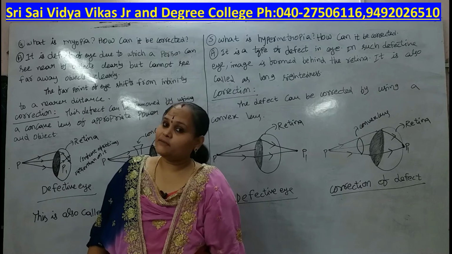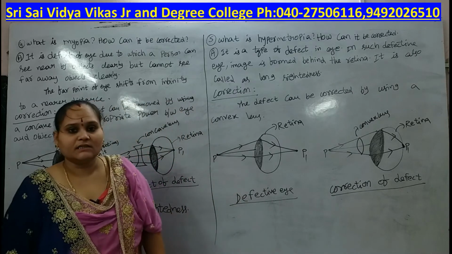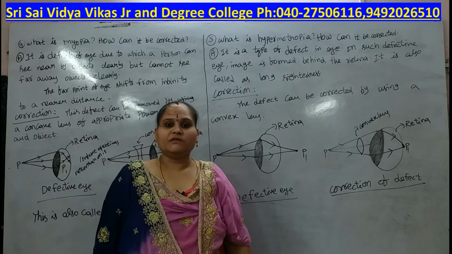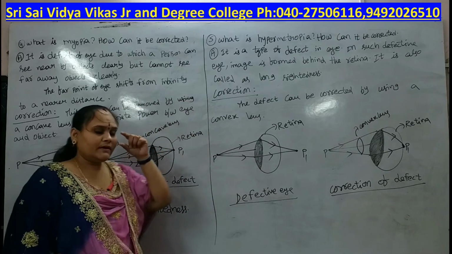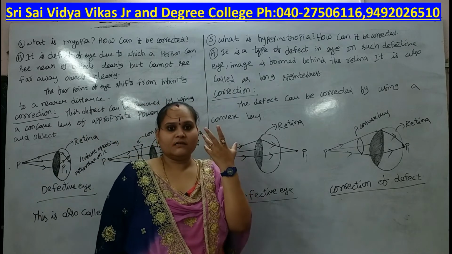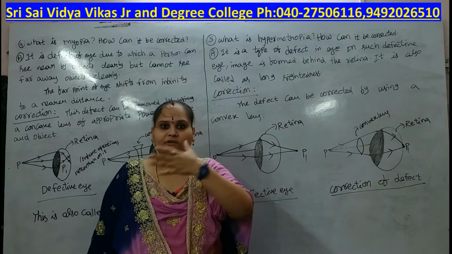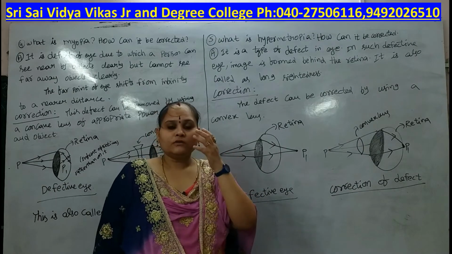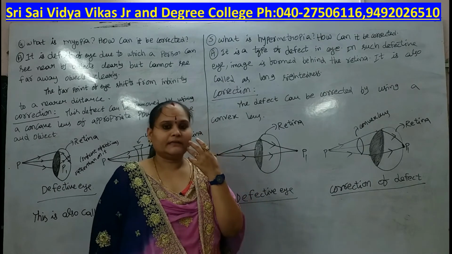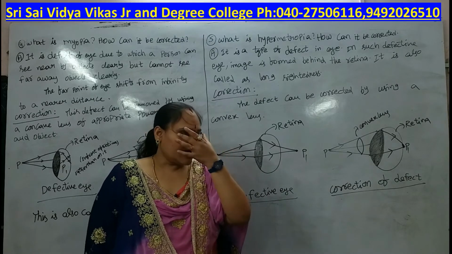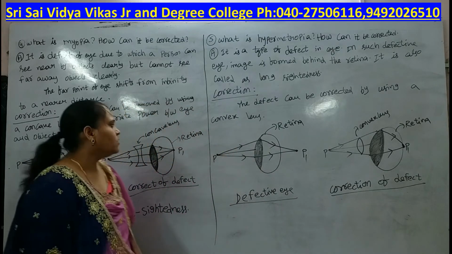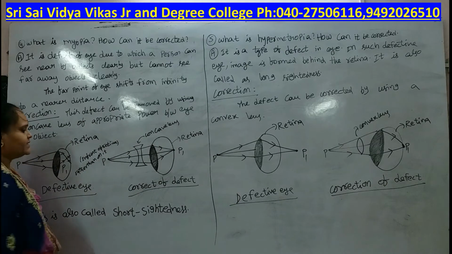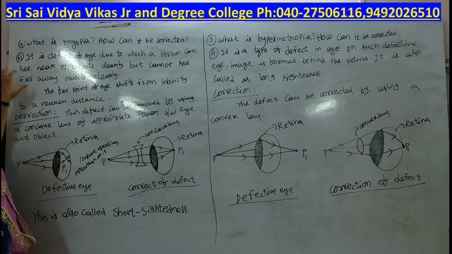It will be corrected by using a concave lens of appropriate range between the eye and the object. Because we are using spectacles, lenses, we are placing them here, your power is 2.0, 1.5, 1.8 something. So the appropriate range of lenses are used between our eye and the object. This is also called short-sightedness.